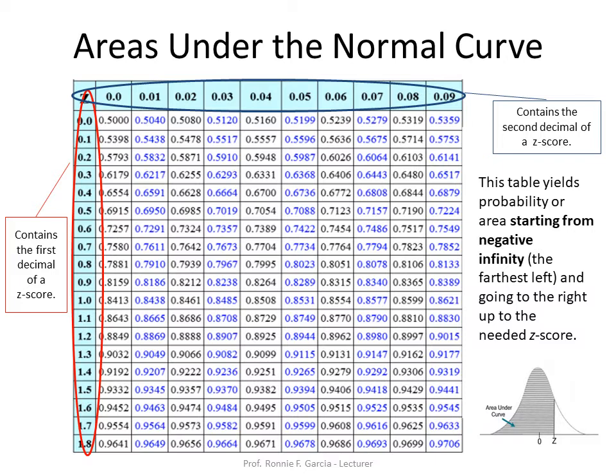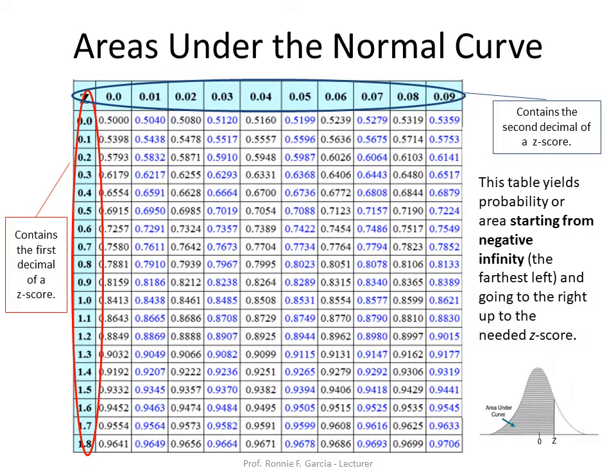For the first column, you look at 1.8, and then 0.09 for the row, because I'm talking about 1.89. The intersection of that is 0.9706. So it means that the area covered is 0.9706, almost 1. The area covered is from the very left part up to that particular value, 1.89. So that is the concept of the table that we are using.